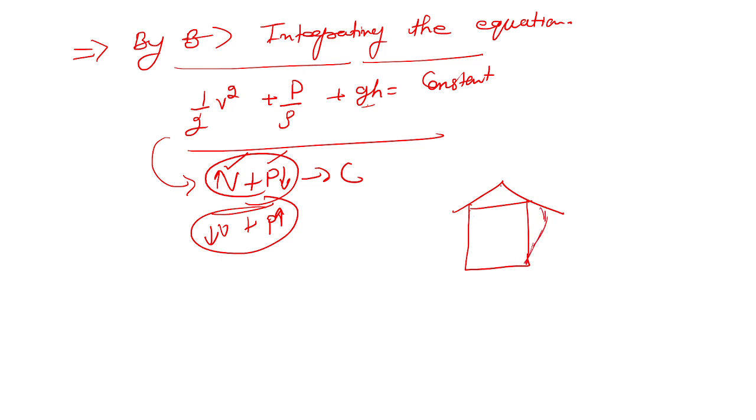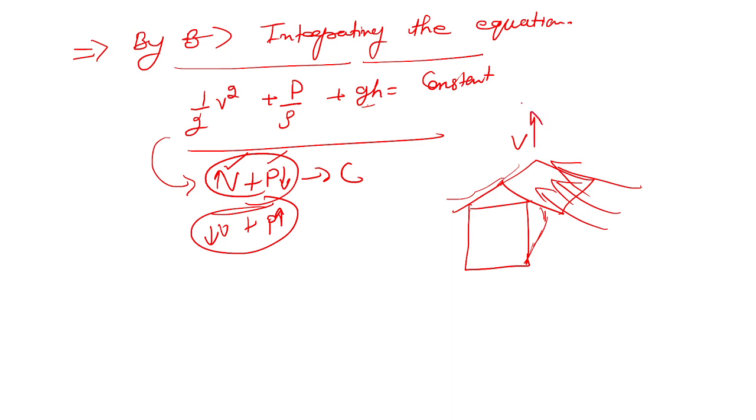Understand this through the example or application we had early in this video. This is your house, this is your roof. There is a very strong wind above the surface of the roof, so the velocity of that wind is very high.